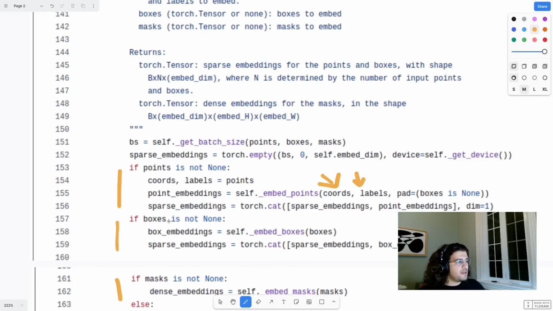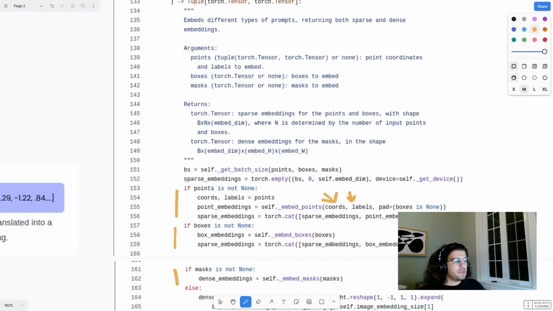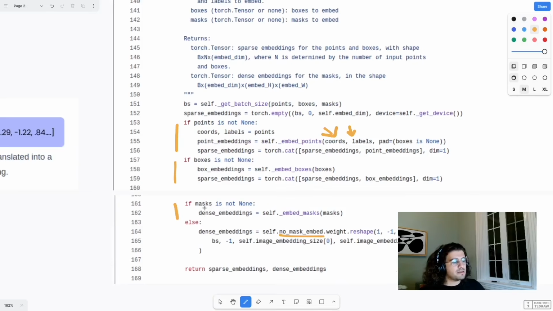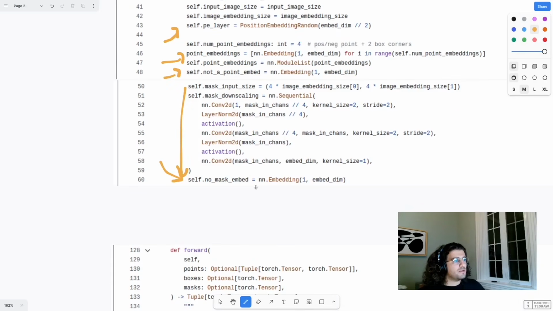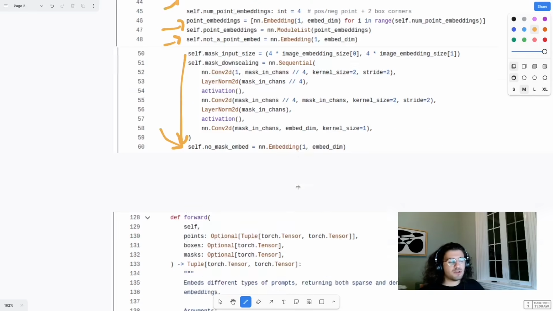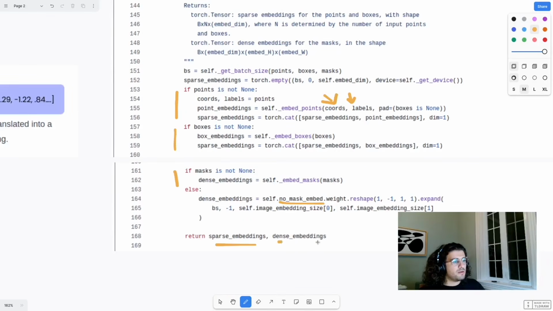And if there's a box, we do the box and then just embed it. Nothing too crazy. Mask is the same thing. If there's no mask embedding, we're just going to use the no-mask embedding that we've created over here for this specific purpose. And we're going to return both of them.